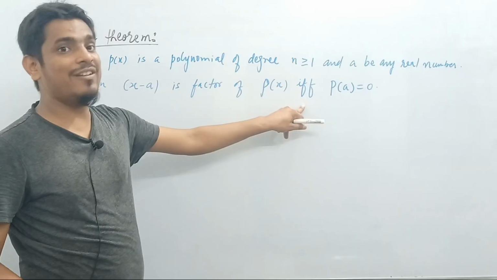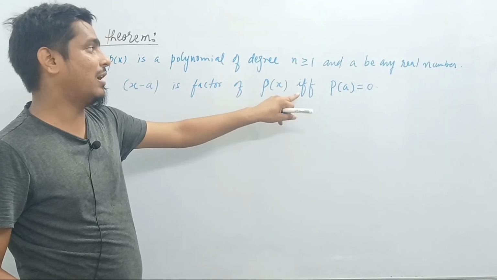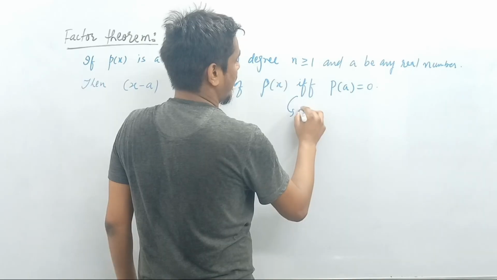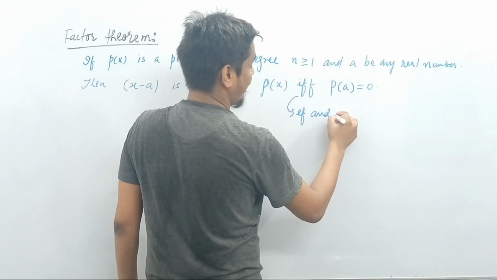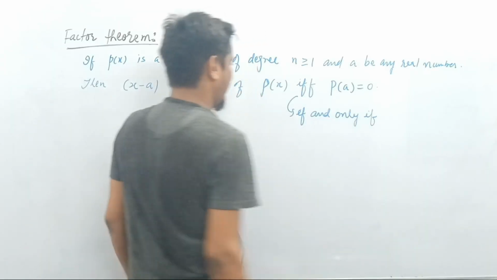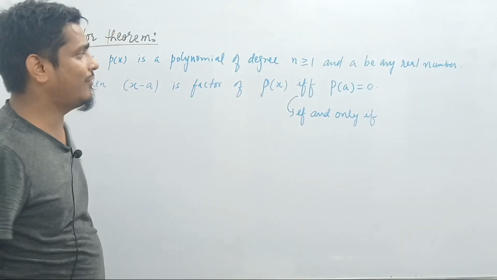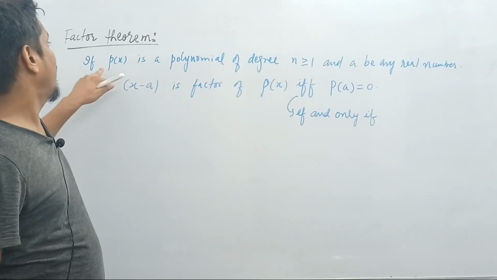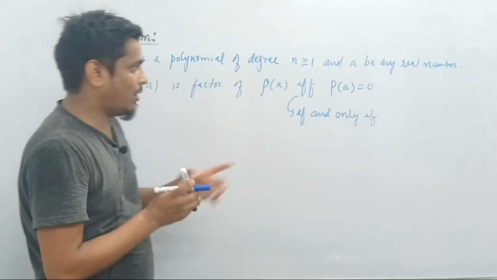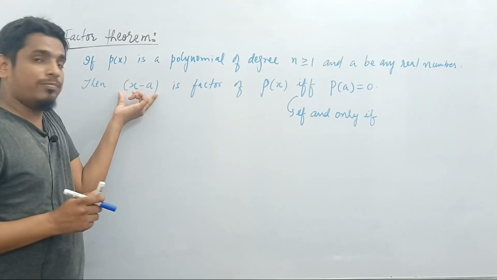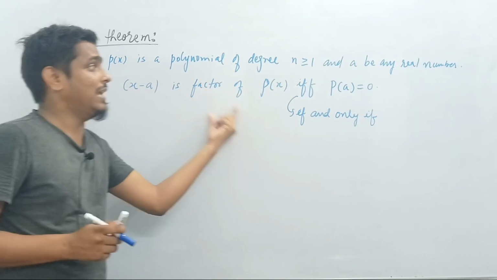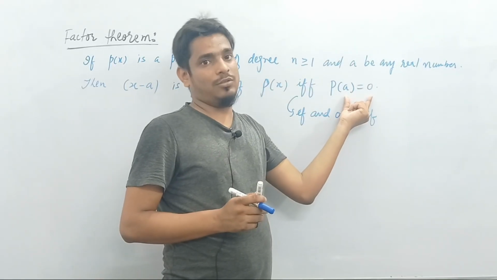This IFF is written in short for if and only if. Or you can write it directly as if and only if. So what does this if and only if mean? If this is the one statement, if this is a factor, then this will be the result.